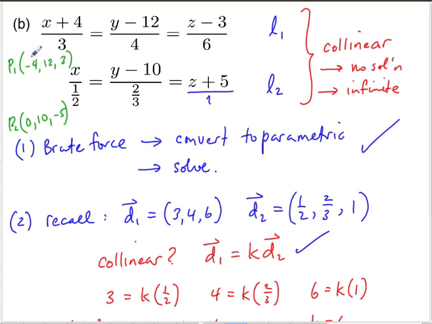So I know this point is on line 1. Can I show it's on line 2? Or I know that this point is on line 2. Can I show that it's on line 1? And if I can do either of those two things, then I know that this is going to work out. That would mean that these are the same.